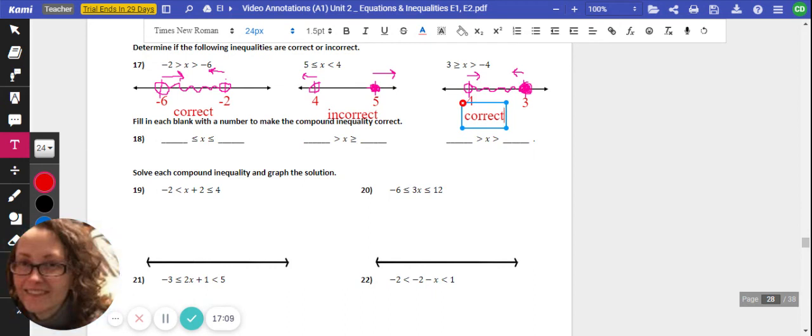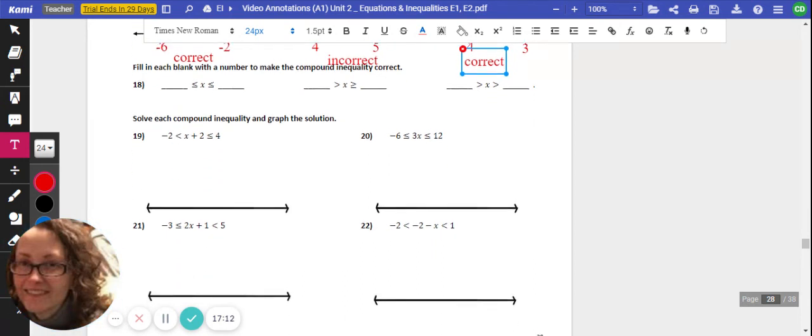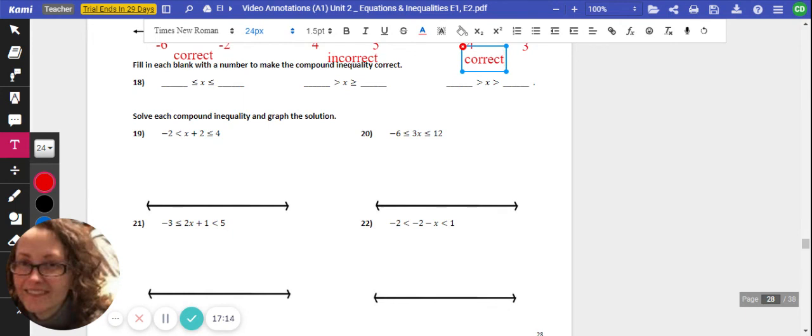So we're going to talk about number 18 during our Google Meet. Solve each compound inequality and graph the solution. Here, x is not by itself. So in order to solve these, I have to split up my inequalities.